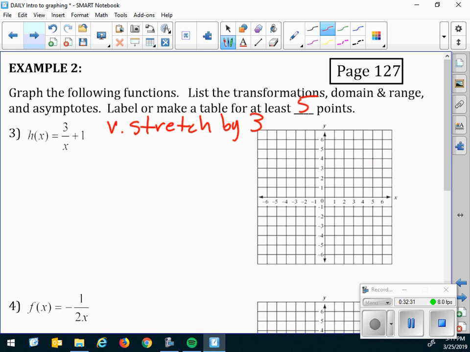What does the plus 1 do? Up 1. Vertical stretch, does anything happen to the x? No, because x goes this way. Up 1, does anything happen to the x? No. So x stays the same.